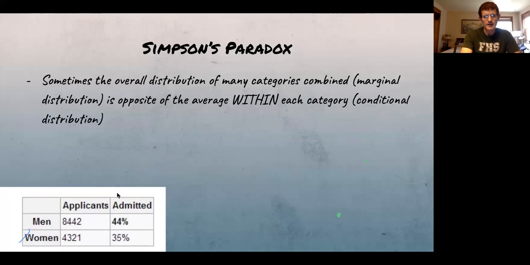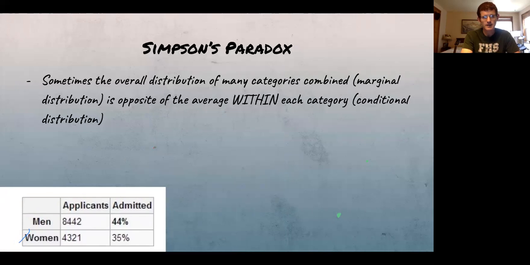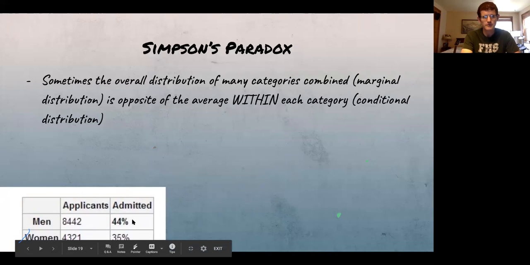This was California, Berkeley, the college, and it showed how many men were admitted to their graduate program compared to women. And this looks like a clear-cut case of bias, right? 44% of men were admitted, only 35% of women.